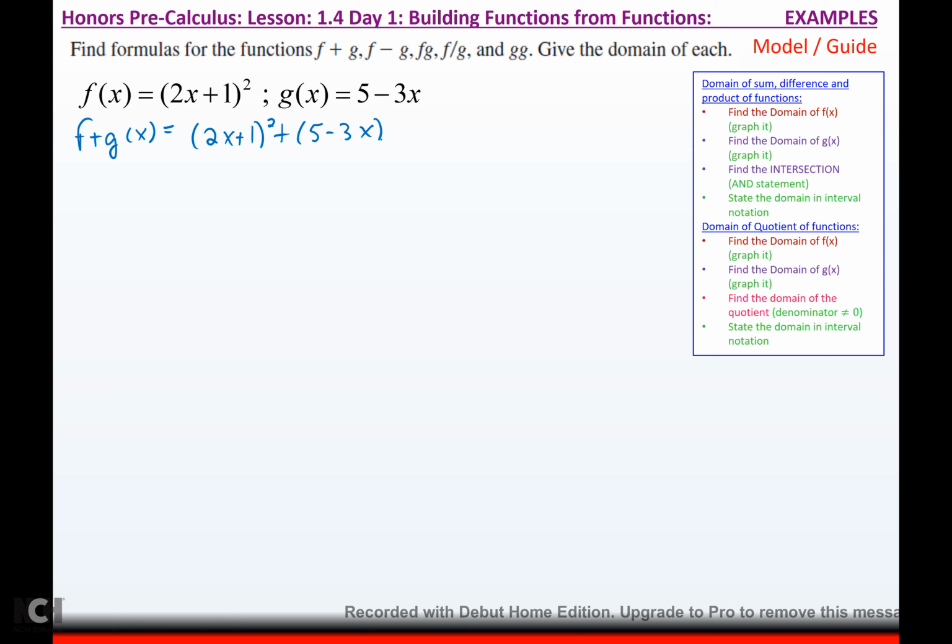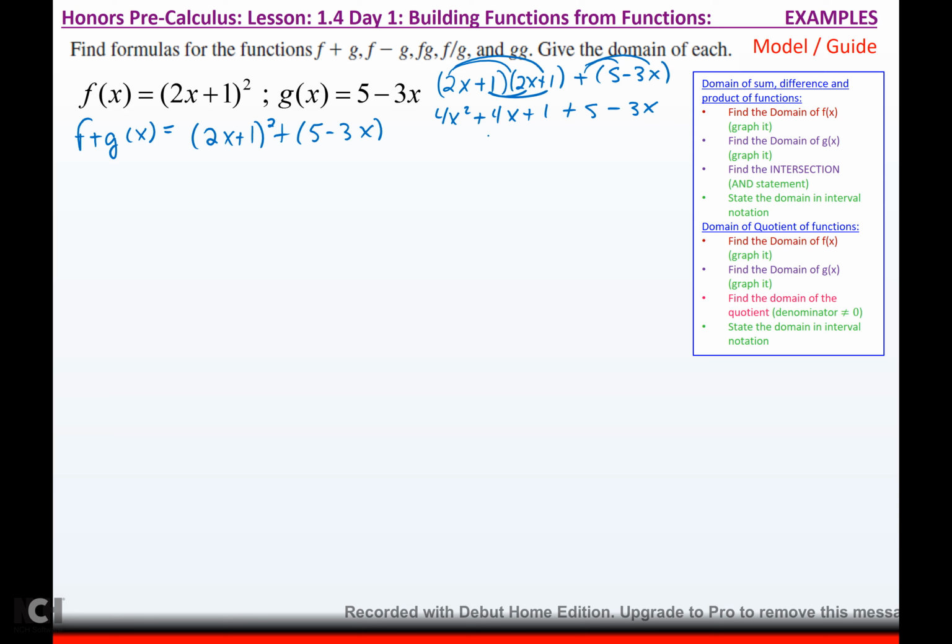If I simplify that, I got to make two copies of 2x plus 1, so that I don't kill puppies, plus 5 minus 3x. So if I FOIL, I get 4x squared plus 2x plus 2x is plus 4x plus 1. Distribute the positive, plus 5 minus 3x.